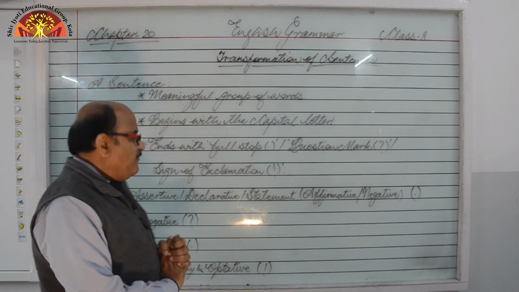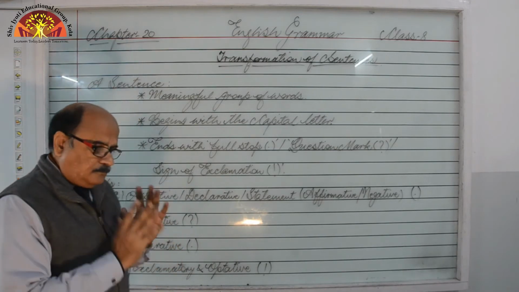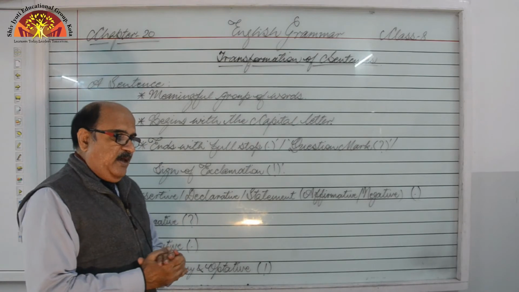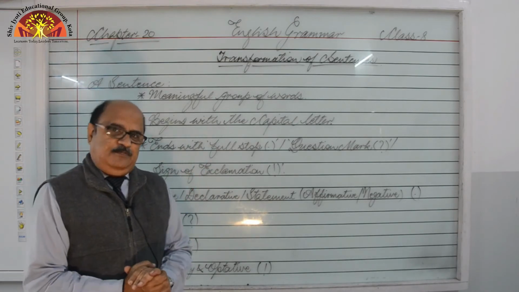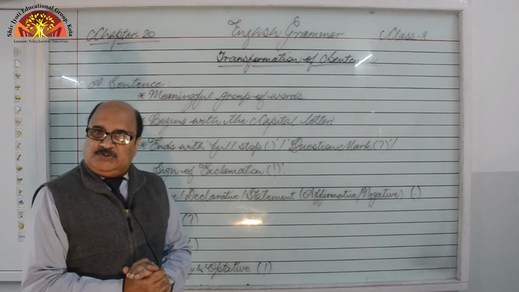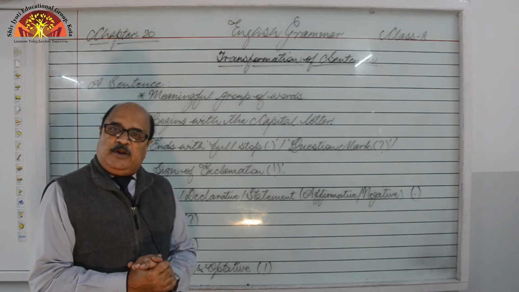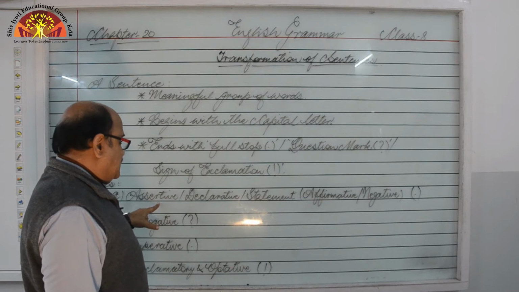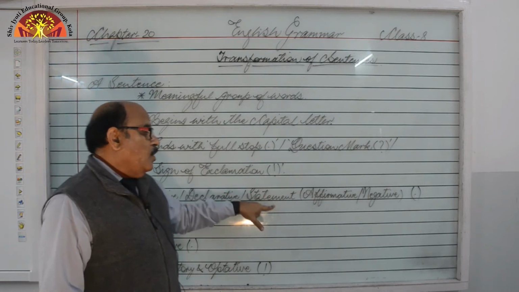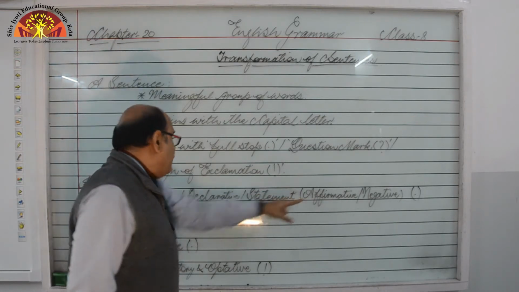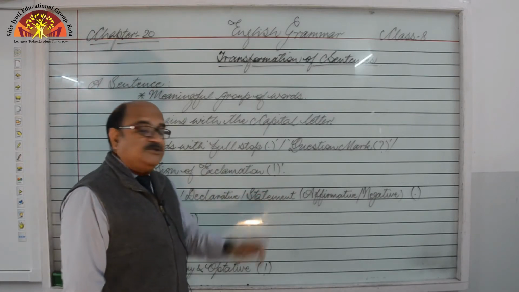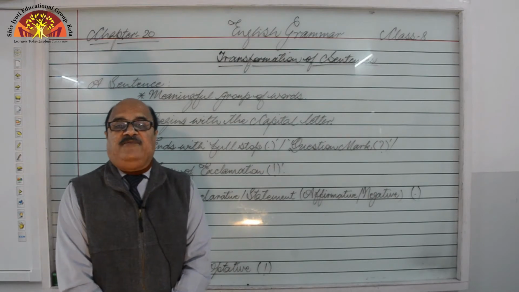For example, if I say he is a good boy, he loves mangoes, these are affirmative sentences, but still you may call them assertive, declarative or statement. Okay, affirmative, assertive, affirmative, declarative, affirmative, statement. So you don't need to get confused.